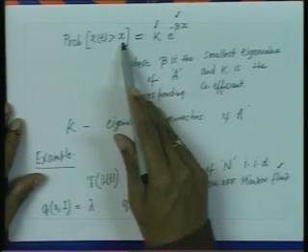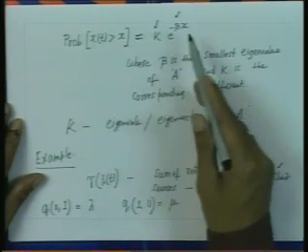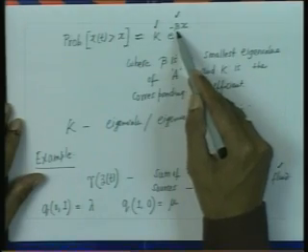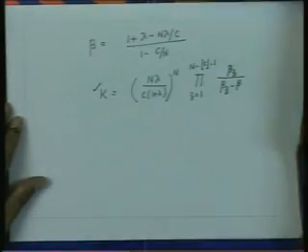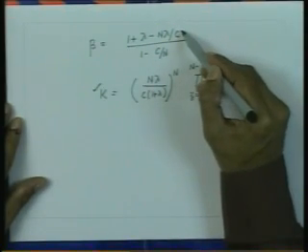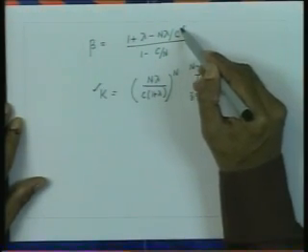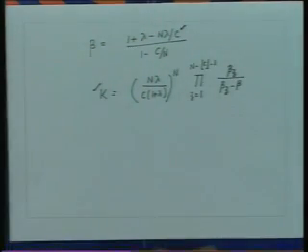So if we know the maximum buffer length that we want, we can determine the value of beta, and if we know the value of beta that we should keep, then from that we can determine the value of C that we should have.